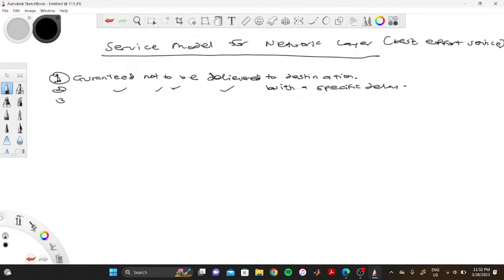But the third thing that the service model describes is that it's not guaranteed to be delivered with some minimum bandwidth. It doesn't guarantee that you can send a 2 gig movie and that it will arrive at the same rate because the bandwidth is constant. No, it doesn't guarantee any of that.